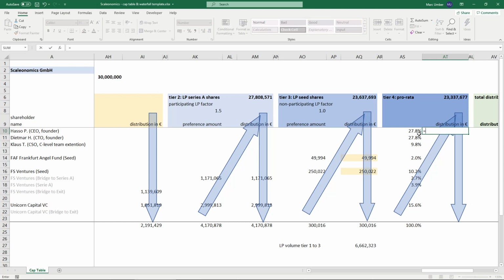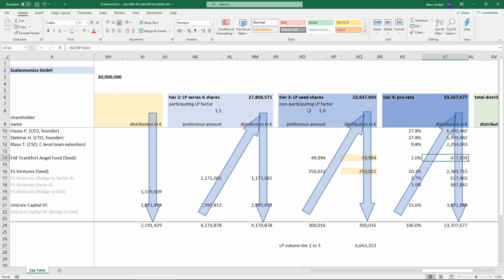And on the pro rata stage, it's simply what's the money left on the table multiplied with the relative shareholdings times this, and let's check. Okay, every euro has been redistributed now.